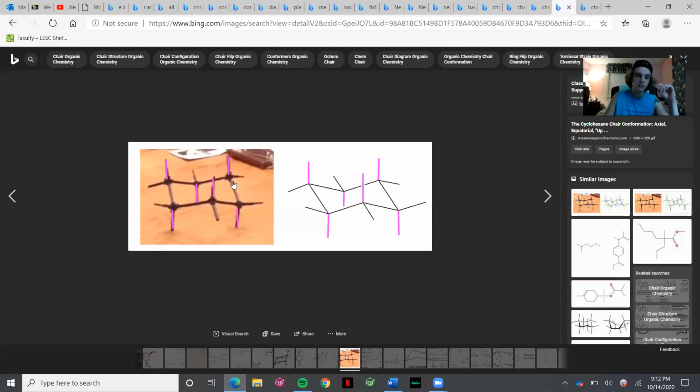You have your axials in purple and your equatorials in black. And now if you look at this in a three-dimensional perspective, if you actually had the model kits and you built this, you would notice that it's a hexagon. It looks like a little table and a weird structure. And that's why it's drawn like this, because it's literally represented exactly like that in the three-dimensional plane. But when we draw it on paper, it looks like this.